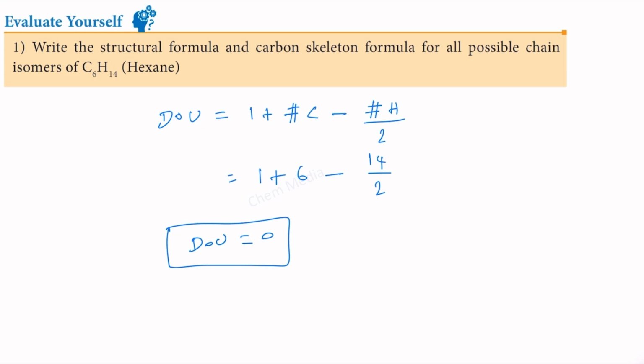Only alkanes are possible. This will fit into the general molecular formula CnH2n plus 2 with the n value equal to 6. Let us write down the structures one by one. We can definitely write hexane or n-hexane.